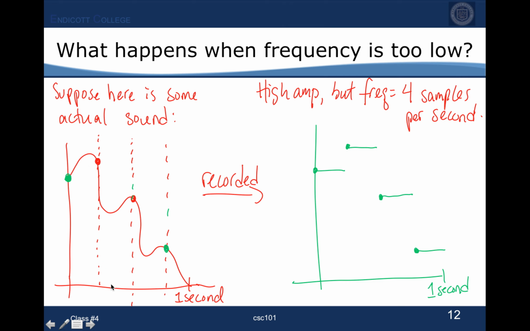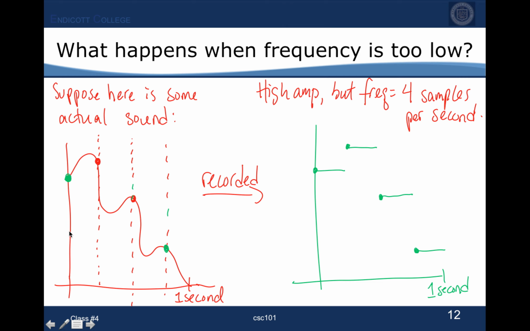So when I first start, and this is only 1 second of time, when I start that second, I record what I hear. And then about a quarter of a second later, I record again. And a quarter of a second later, I record again. And a quarter of a second again, I record one last time, and that's it. So what I actually get is only 4, and even if I have high amplitude, let's say I have a very fine resolution, I can recognize maybe 10,000 different sounds.